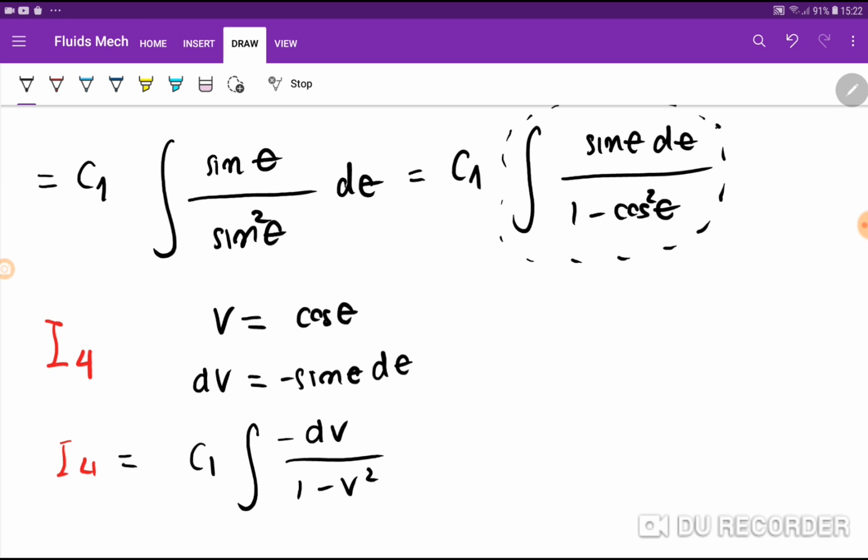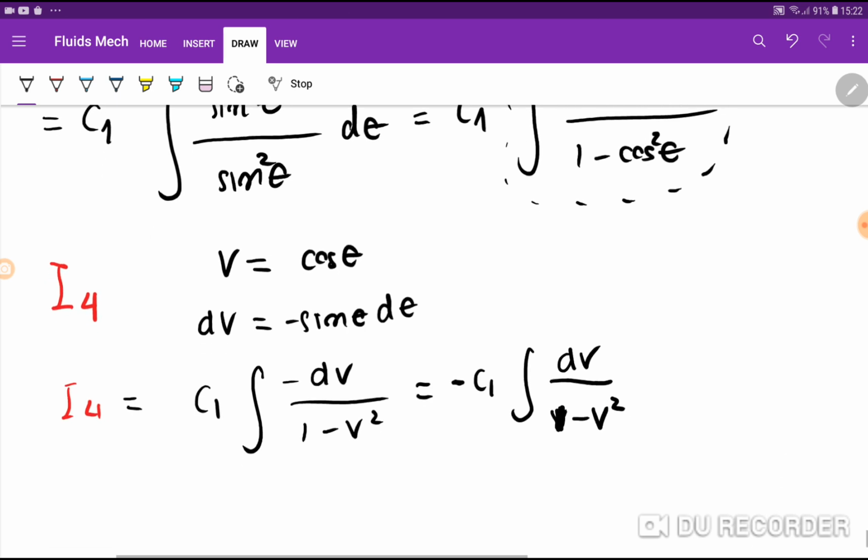I'm going to put the negative sign outside: negative integral dv over 1 minus v squared. Does it make sense, guys? I put this negative sign outside.